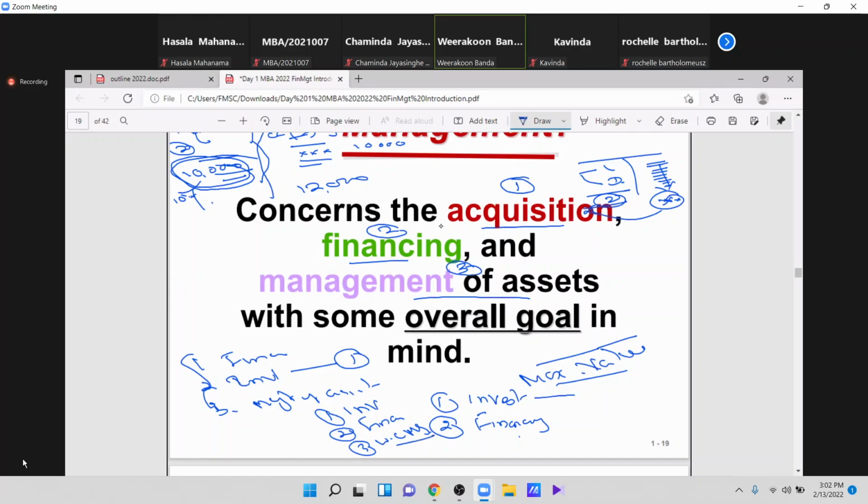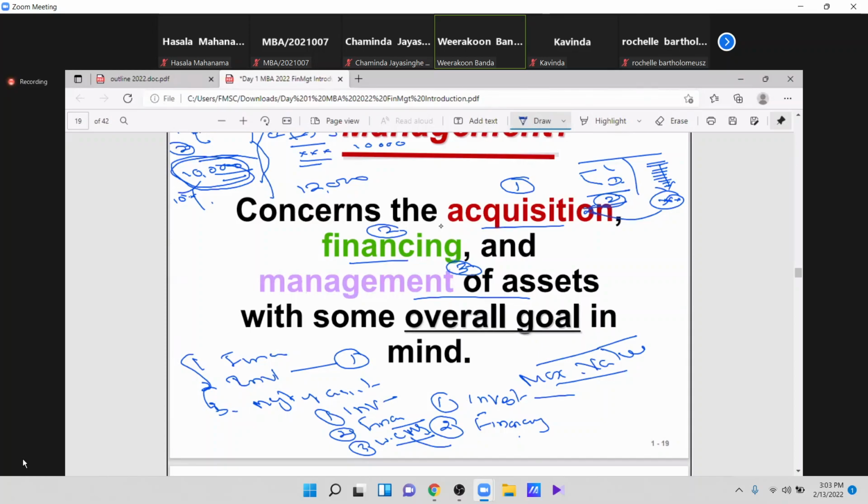Due to that reason, some authors consider the more important function of the investment decision to be working capital management. In that case, what is the management of assets? Those aspects are included in investment. If it relates to inventory management and debtors management, that involves the working capital management aspect.